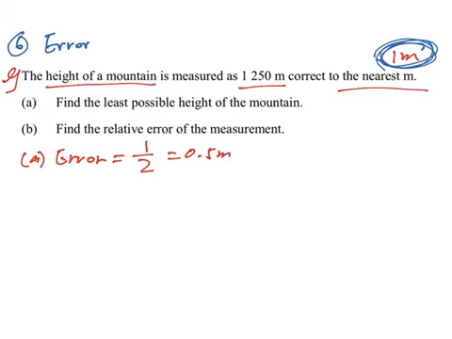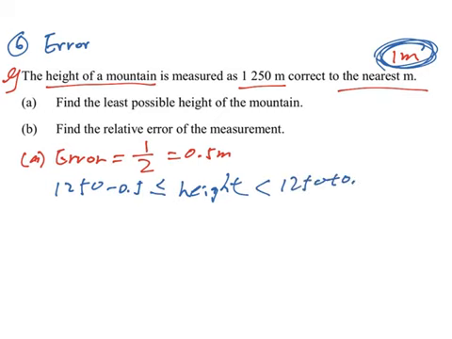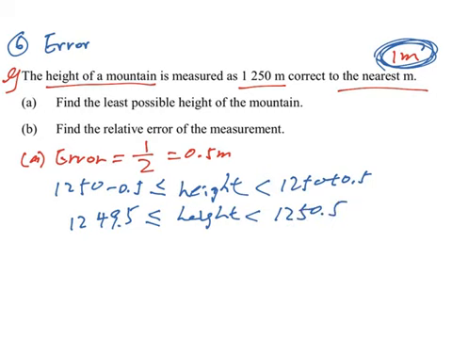Next, we'll see the range of the height. So for the range of the height, we'll use the measured height minus 0.5, with this equal sign here, and plus 0.5. So we can get 1,249.5 and then 1,250.5.